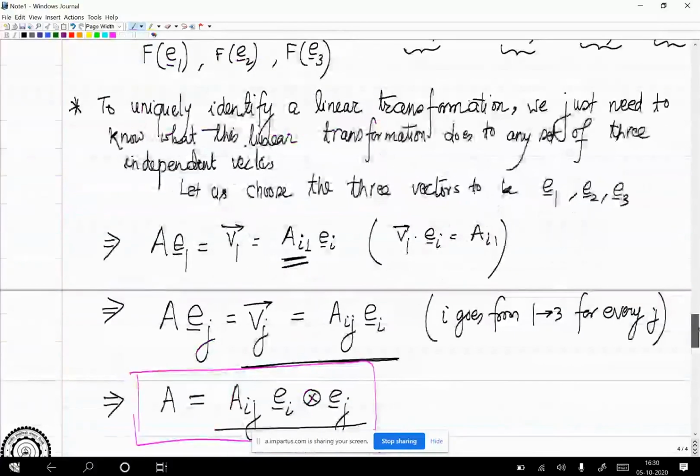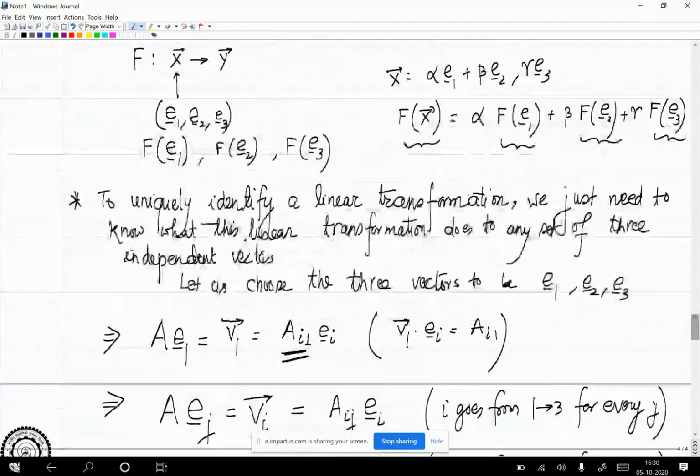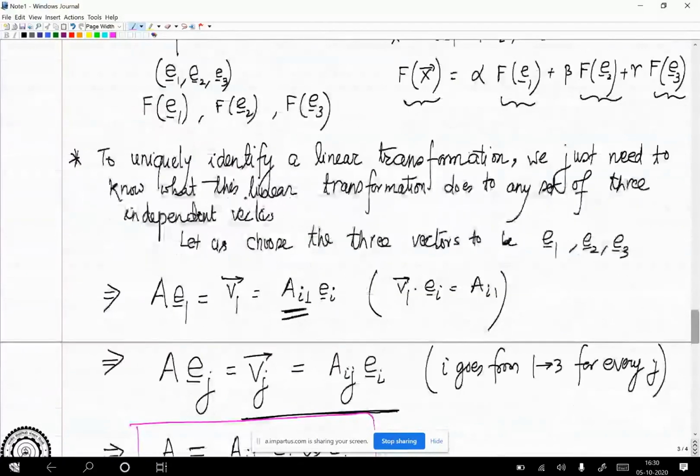By basis I mean this E1, E2, E3, the three vectors that you chose to define your linear transformation. If you had chosen something else and then expressed the resulting vector V1 in that something else's components, you would have gotten different Aij. Can you see this?